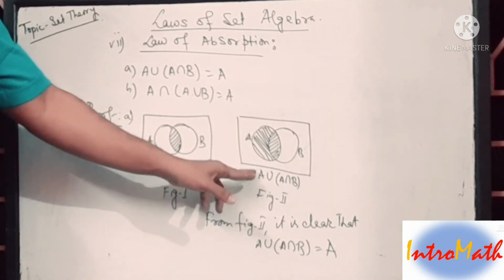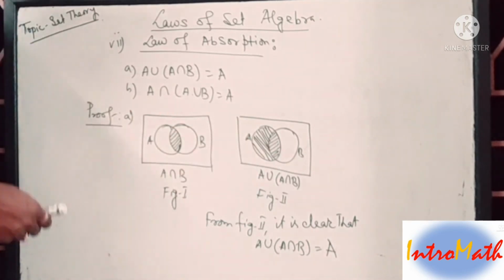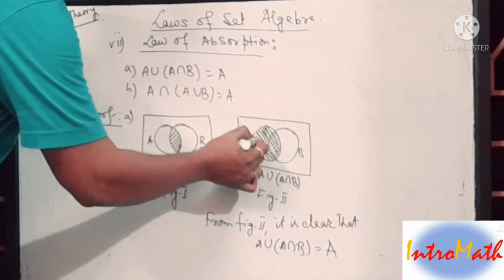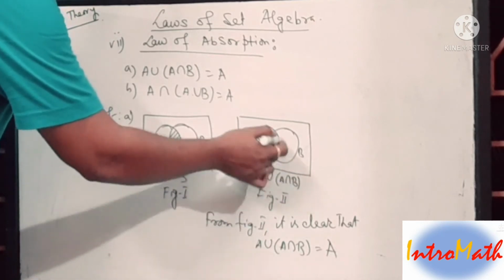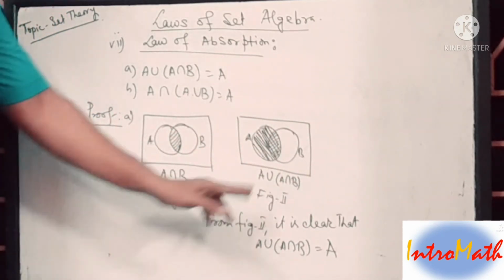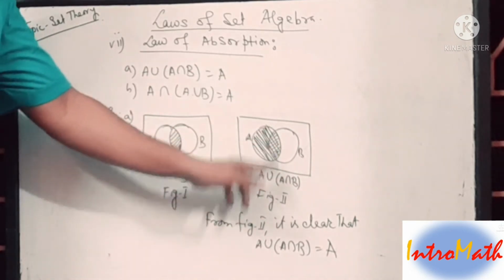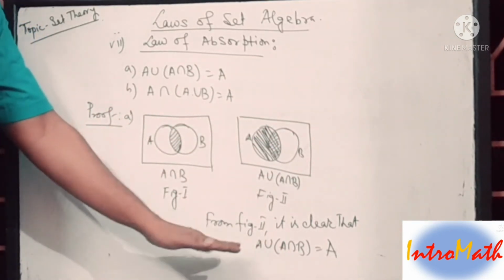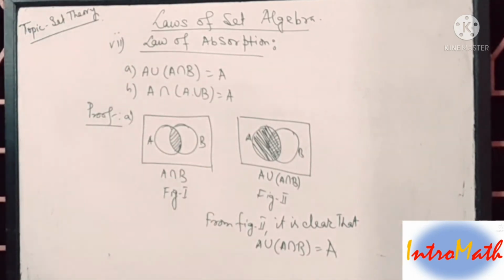A is this whole part, and with this, A intersection B is this part. So from figure 2 it is clear that A union (A intersection B) is the set A itself. This completes the proof of the law of absorption.